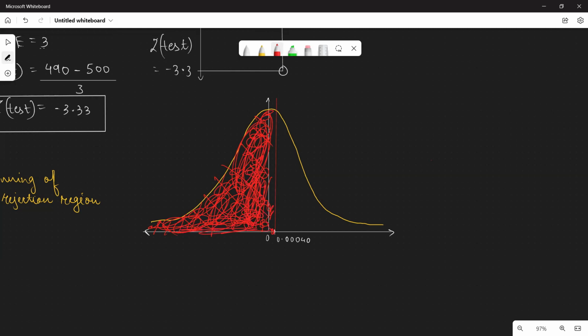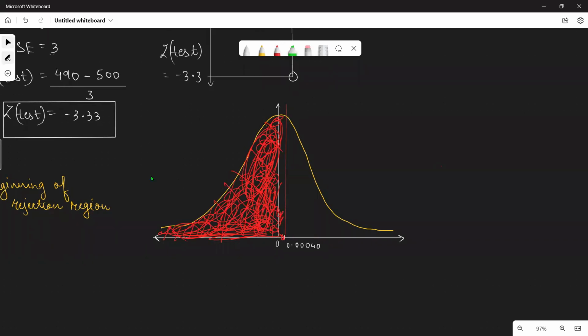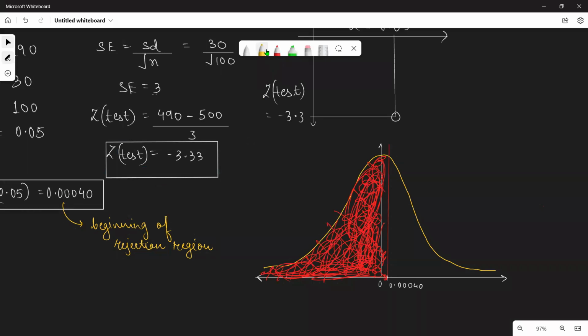From where is it starting? It starts from 0.00040. And what is the value we have?